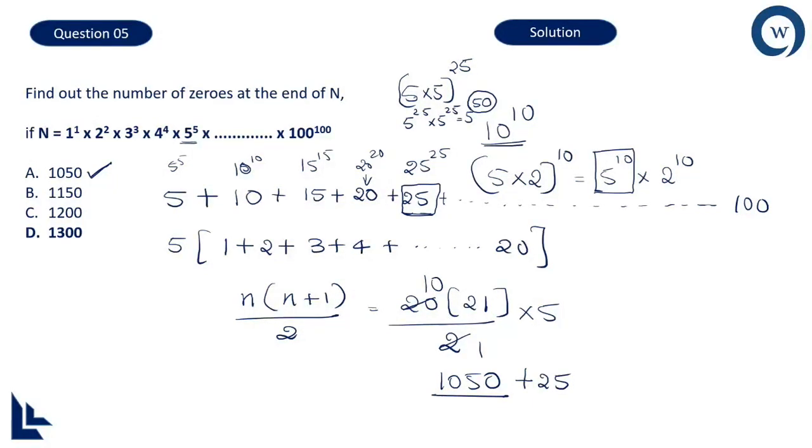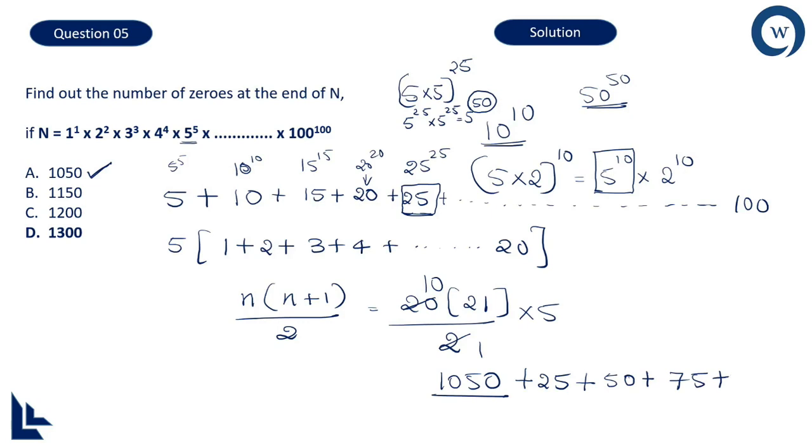In 25 to the power 25 you counted only 25 5s, but additional 25 5s are missing, and you have to give that back. Now tell me, same way happens in 50 power 50, right? Because you have taken only 50 times 5, but this gives me 100 times 5. So how much extra you have left out? 50. And in 75 power 75 you have taken only 75, and extra 75 is there.